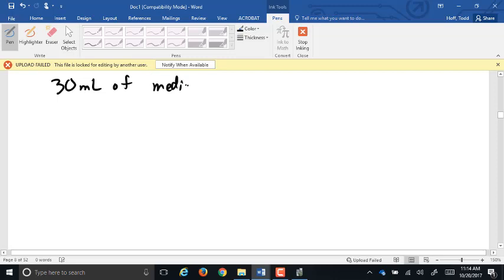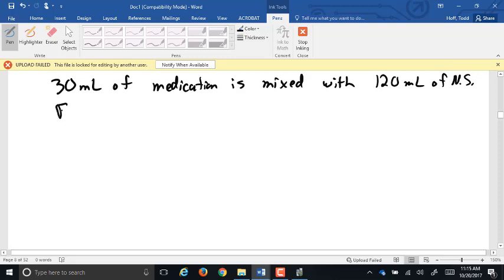So 30 milliliters of medication is mixed with 120 milliliters of saline. Find the volume and volume concentration.